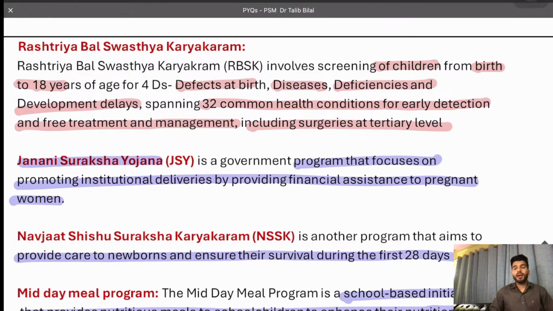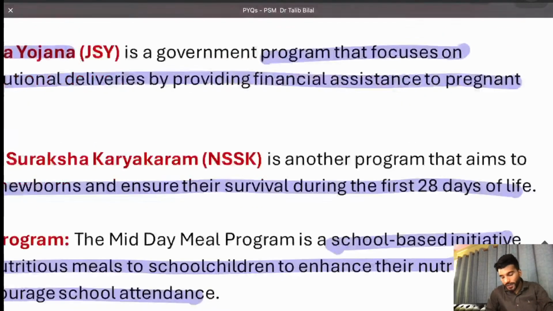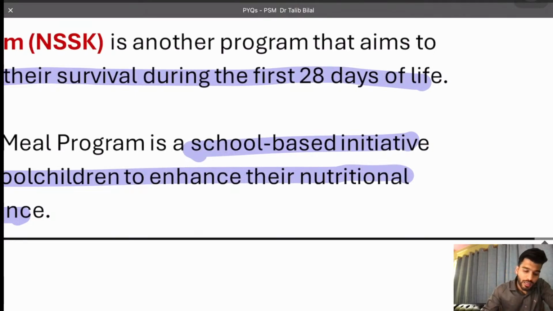Now can you tell me, as per the midday meal program, how much calories and protein are given? Comment down faster, guys. Write down in the comment section. It's again a question I've discussed in the main classes as well.